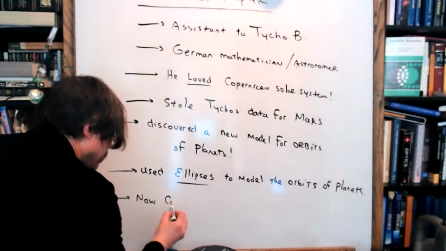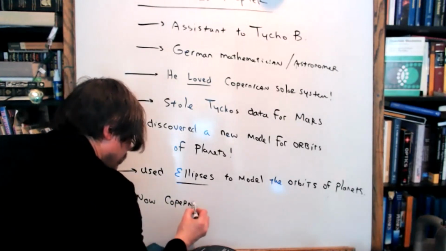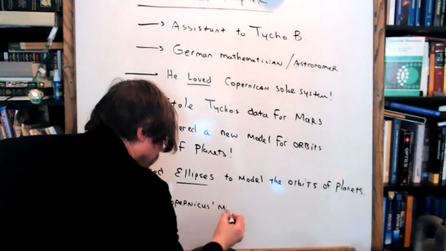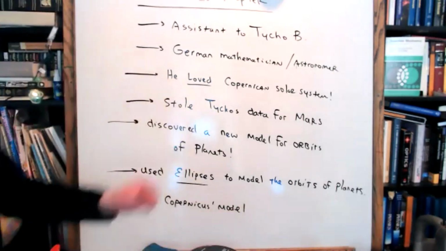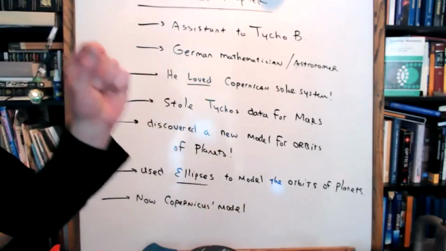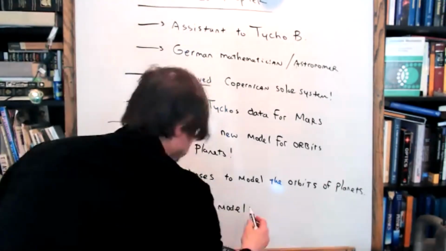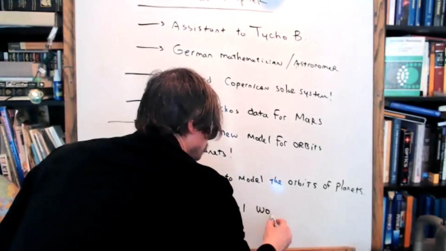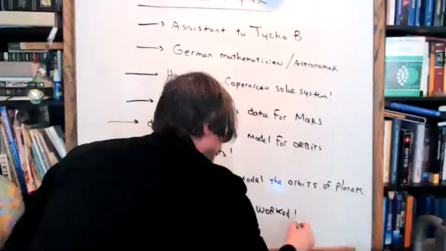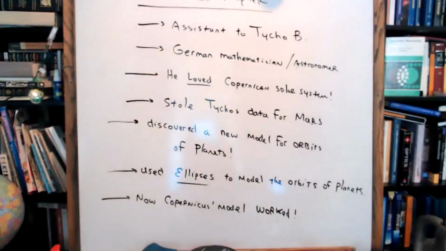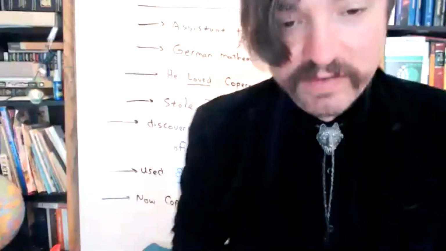Now, Copernicus's model would accurately and perfectly predict the rising and setting times and motions of planets across the sky. And it was irrefutable at that point that the sun had to be at the center, well, almost irrefutable, as you're about to find out.